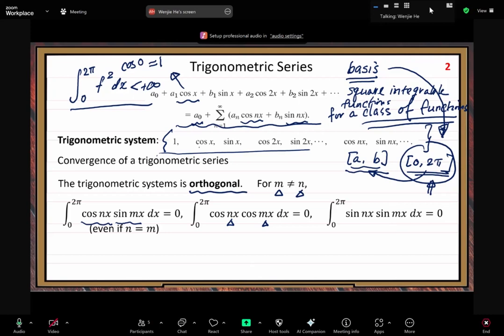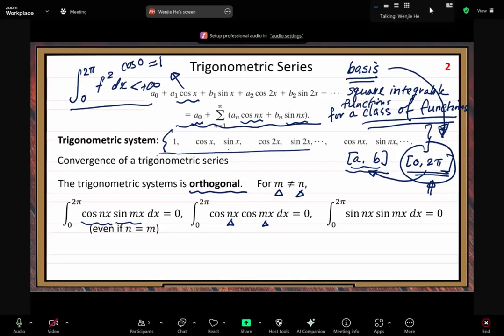If basis functions have this orthogonality property, we call it an orthogonal basis. An orthogonal basis is very convenient. Later you will see, an orthogonal basis is the best basis. If you can find an orthogonal basis, your formula will be very simple.